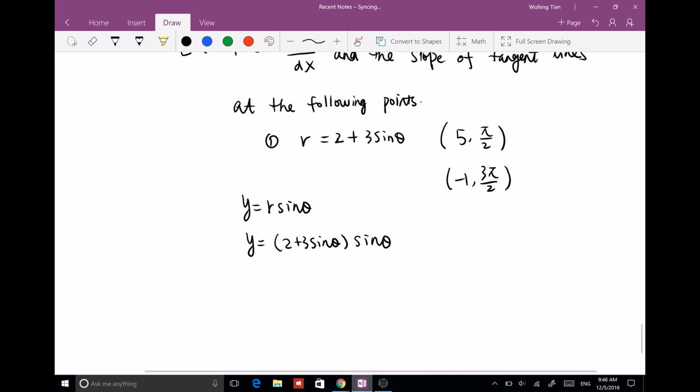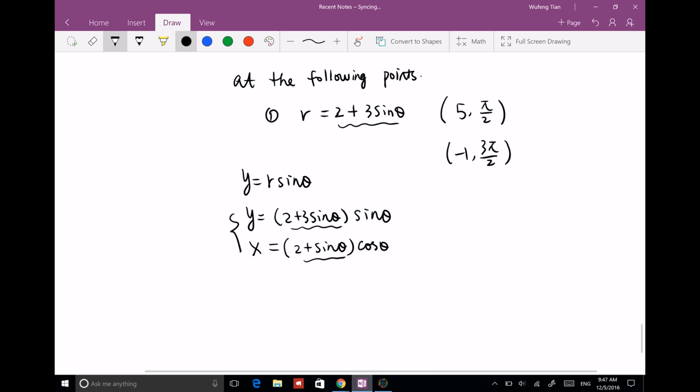And x equals r cosine theta. So r is a function of theta, it's 2 plus 3 sine theta. This is r, right? r cosine theta. So I have y and x.